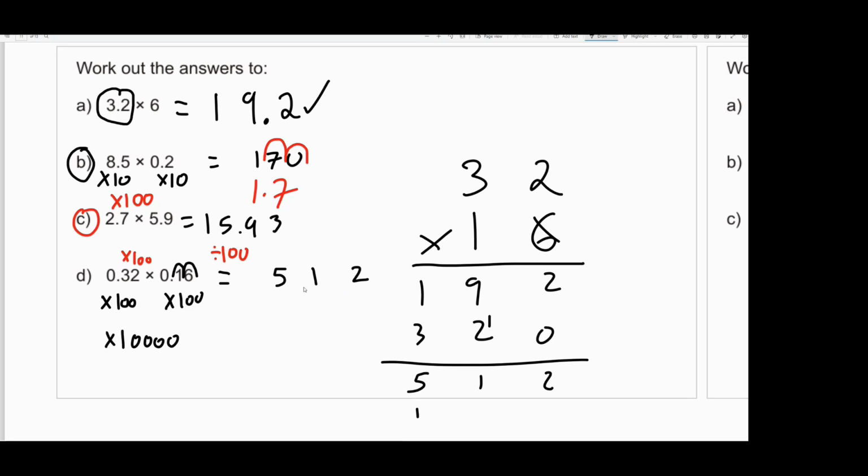But we need to divide this by 10,000. The decimal needs to go back 4 places. So we have 512. The decimal has to go back 4 times. 1, 2, 3, 4.